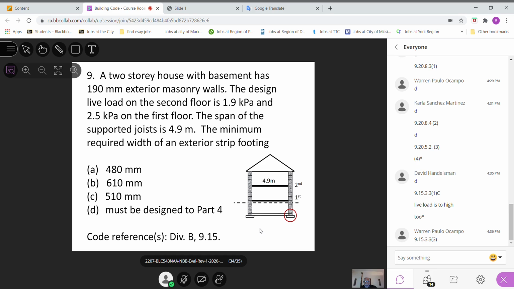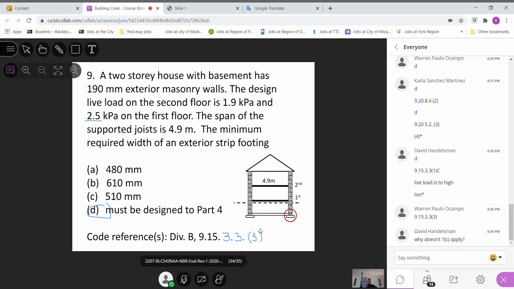Yep, 9.15.3.3. But luckily you don't have to provide a code reference. Imagine what the other students had to go through. You got it easier, it's just to find it. Here it's D because we exceed 2.4.